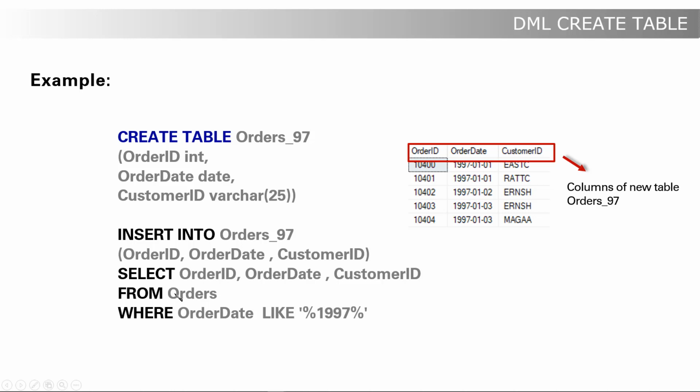We want from the orders table the order ID, order date, and customer ID, but only for order dates that are in 1997, not the entire dates. Let's see it in SQL Server.